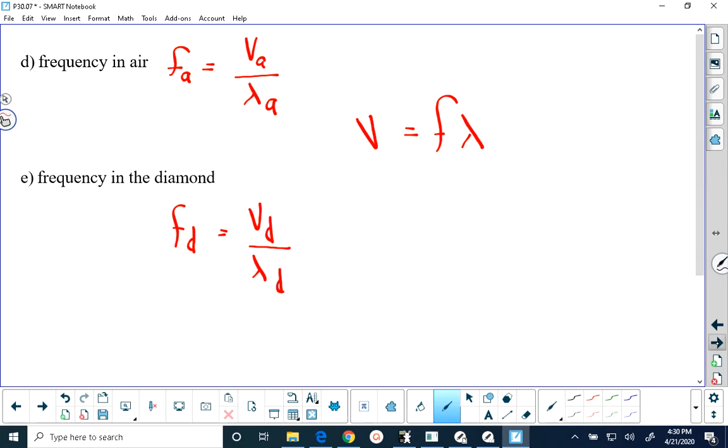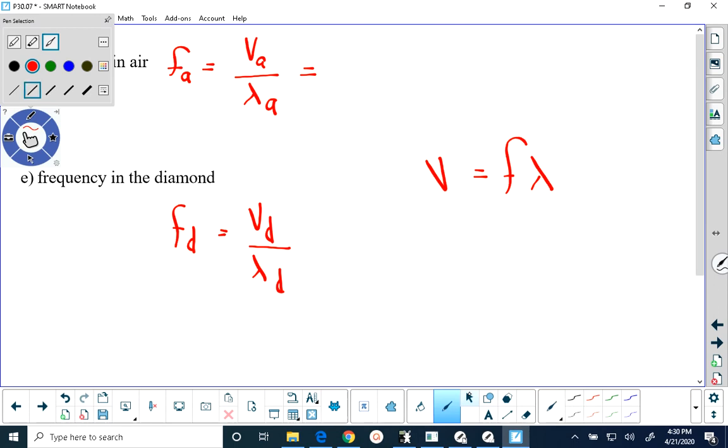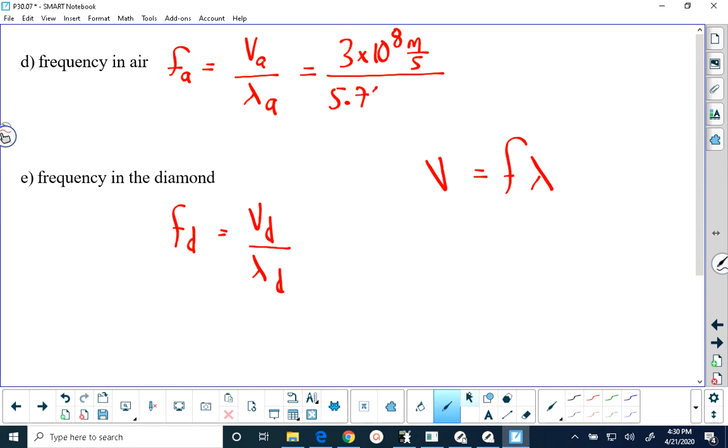And I'm going to tell you right now that if you take, well, let's calculate it. Let's take the speed of light in air, which is 3 multiplied by 10 to the 8 meters per second, and divide by the wavelength in air, which was 570 nanometers, which works out to 5.7 times 10 to the negative 7 meters.